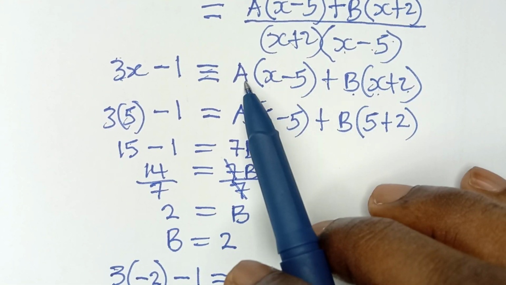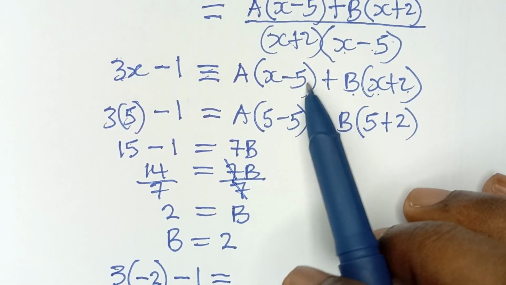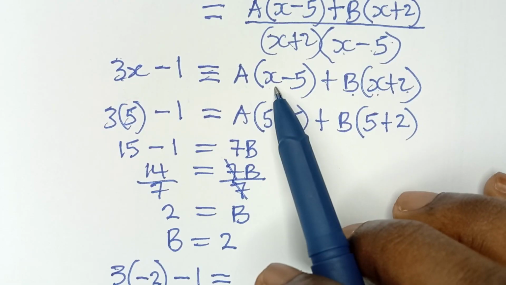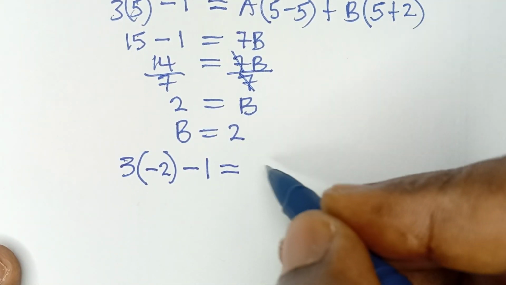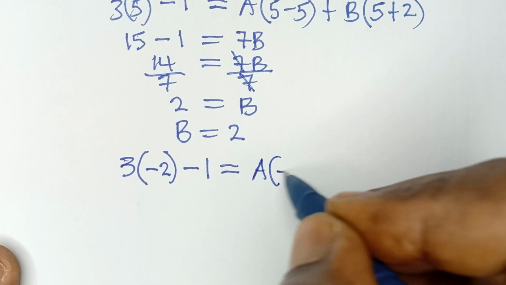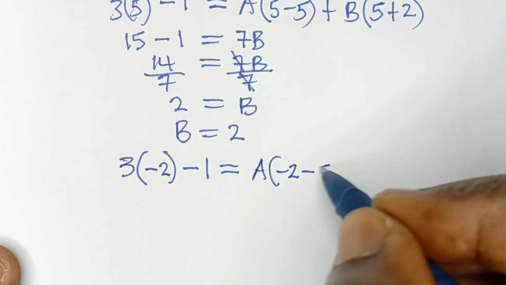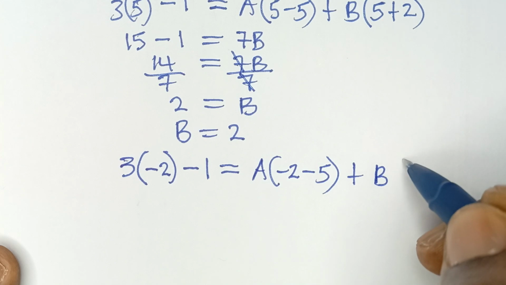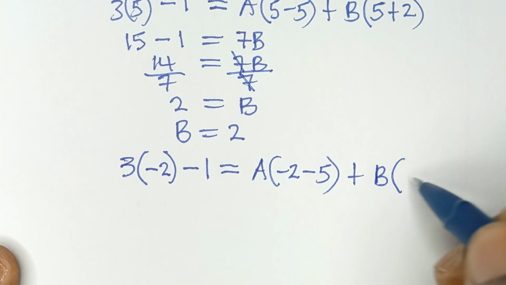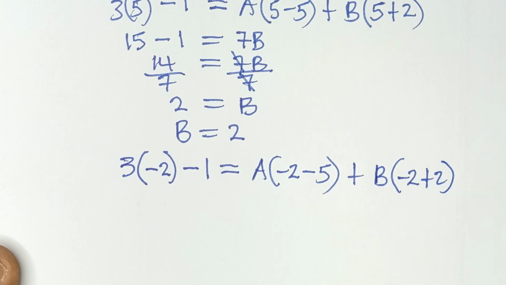The part of a is ax minus 5. So I'm going to put my x negative 2 here as well. So that will give me the value of a negative 2 minus 5. And then plus b. Don't forget, b is x plus 2. So negative 2 plus 2.